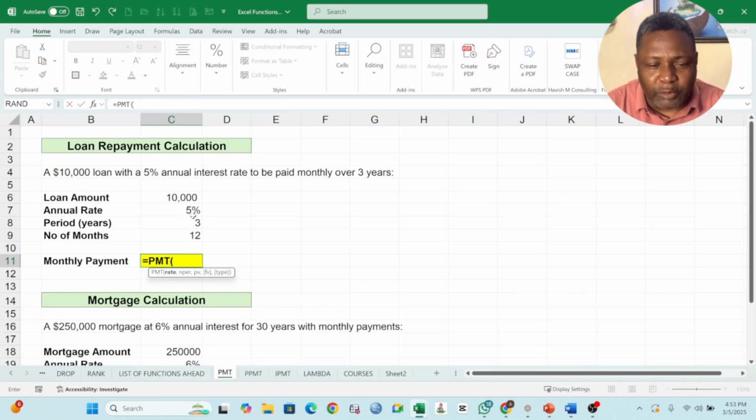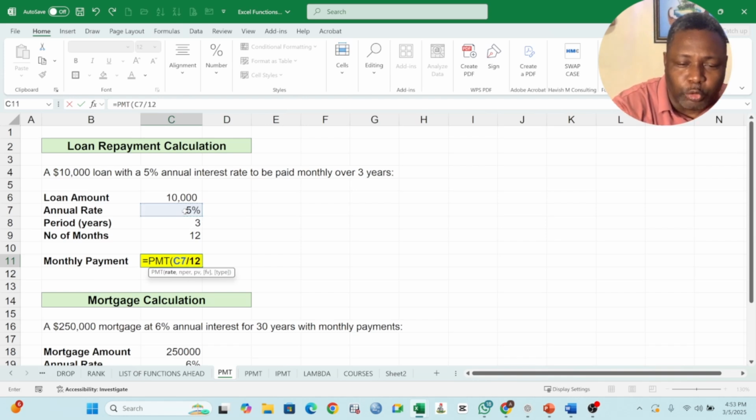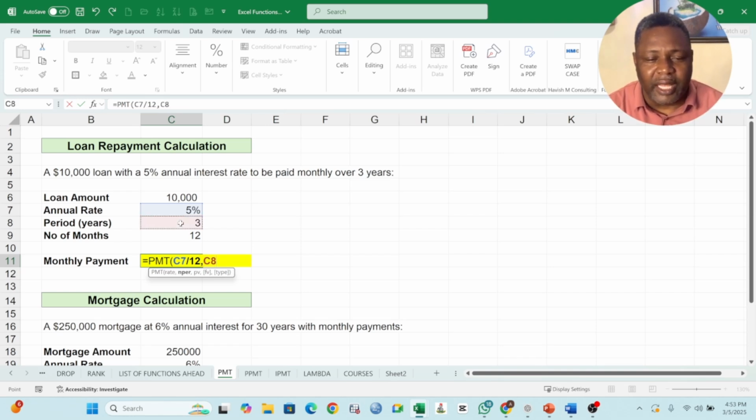So we have the rate. What's our rate? Rate is 5%, but you have to divide it by 12 because this is an annual rate and you are calculating monthly payment. Then the number of periods is 3 years. That means you also have to multiply that by the number of months, because you are calculating monthly payment.